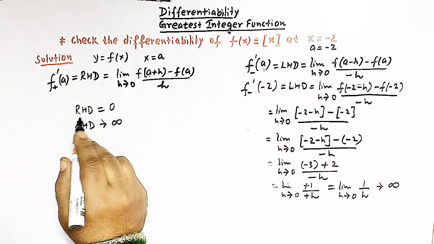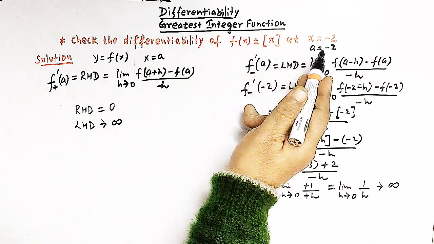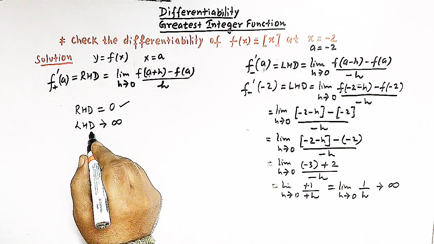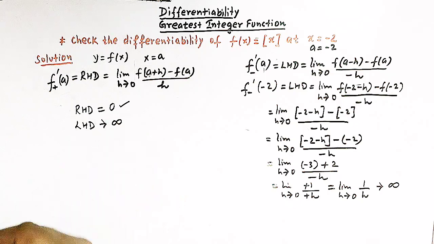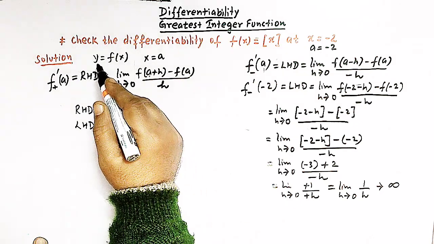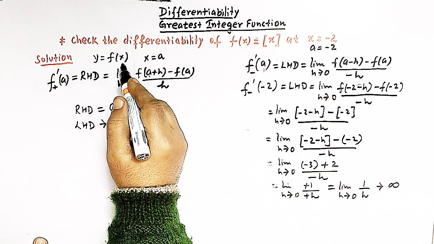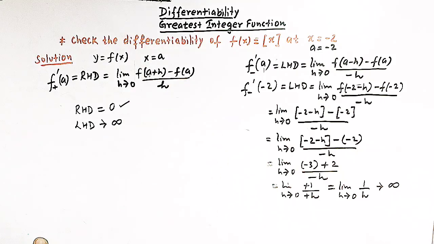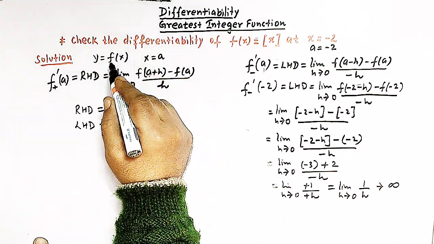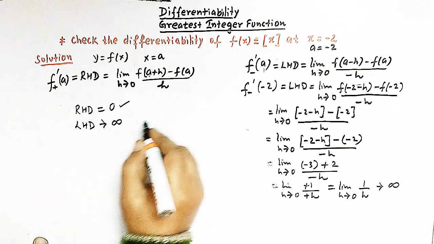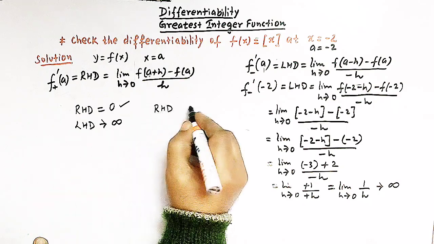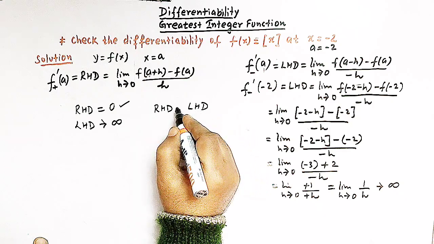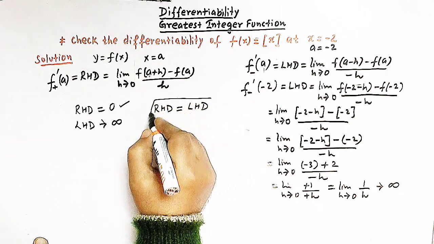So now the right hand derivative of this function at x is equal to minus 2 is 0, but the left hand derivative doesn't exist, right? And we know that a function y is equal to f of x is said to be differentiable at some point x is equal to a in the domain of the function f of x, if the right hand derivative and left hand derivative both exist and they are finite and they are equal to each other, right?